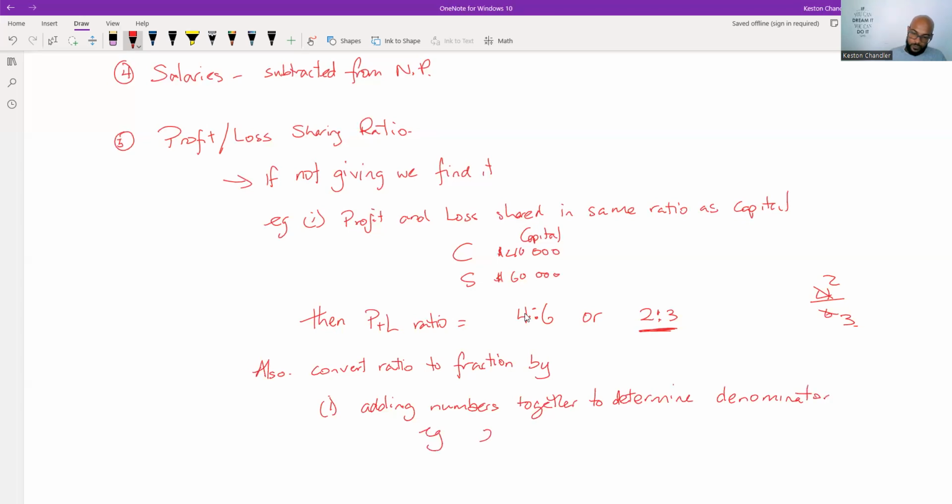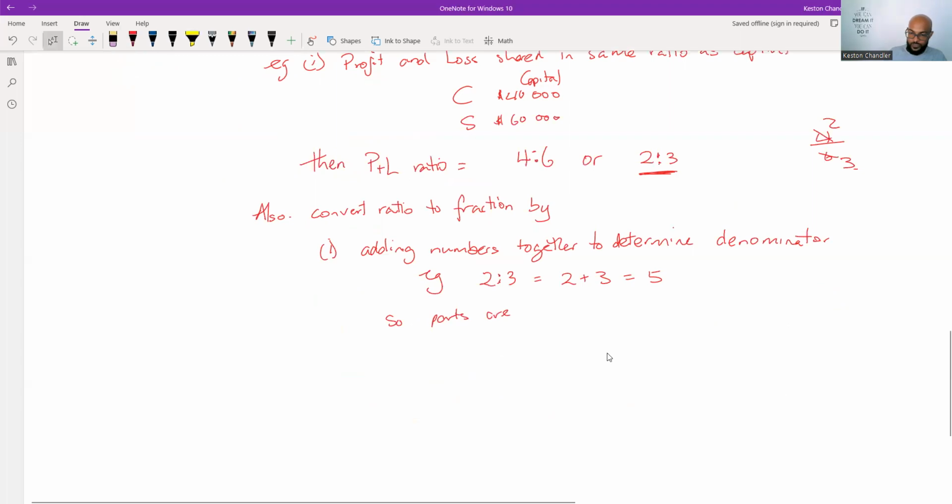Example, 2 to 3 is equal to 2 plus 3, which is 5. So parts are 2/5 and 3/5. Right? Use these to calculate share of profits.